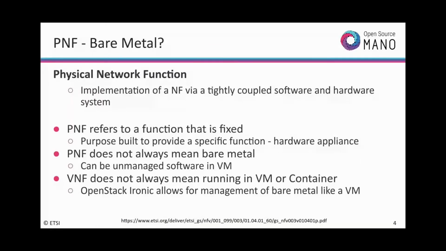But in the background, what's actually happening is Ironic is taking the image that was stored in OpenStack, copying it to the physical disk, and then booting that bare metal server with that image. So the bare metal server is running the equivalent of a virtual machine, but it's running it without a hypervisor. Now, it's called virtual at that point because I can, at a moment's notice, tell Ironic to destroy that and deploy a new set of software to that exact same bare metal hardware.